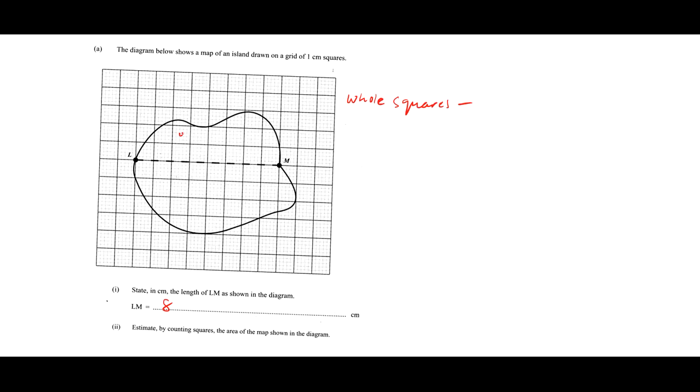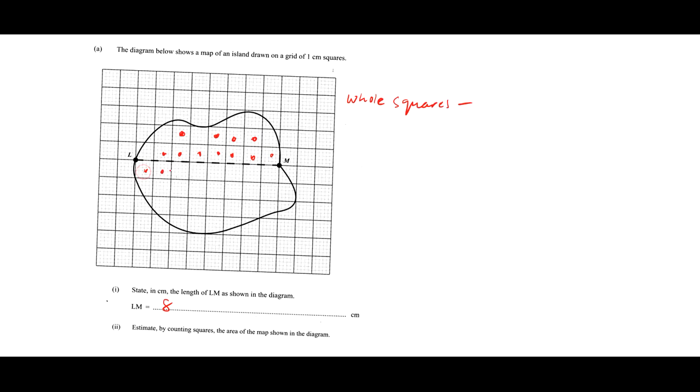I'm going to put a dot by every whole square that we see. So we have one here, we have one here, one here, one here. It goes sequentially in rows so that you don't miss any. Alright, this kind of looks like one.